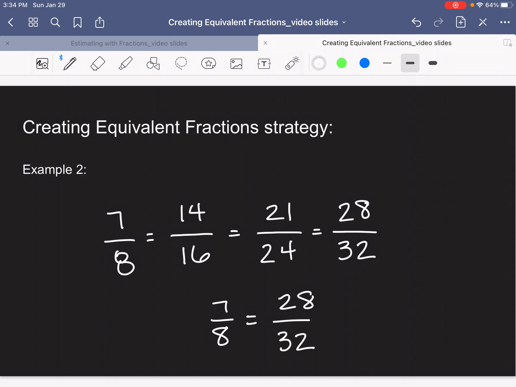Well, I know that 7 times 4 is 28. I know that 8 times 4 is 32. Since I've multiplied both the numerator and denominator by the same number, in this case 4, this has given me an equivalent fraction of 28 over 32.